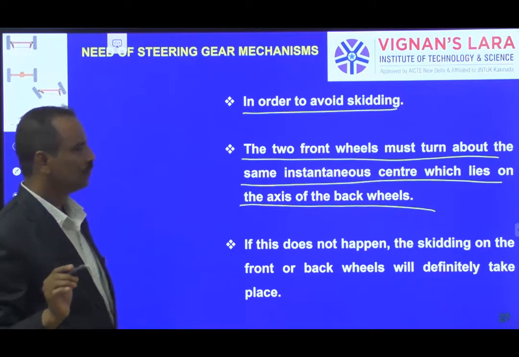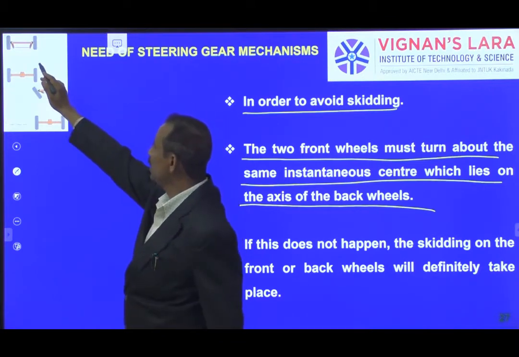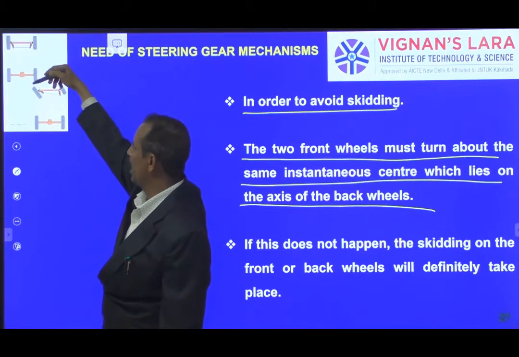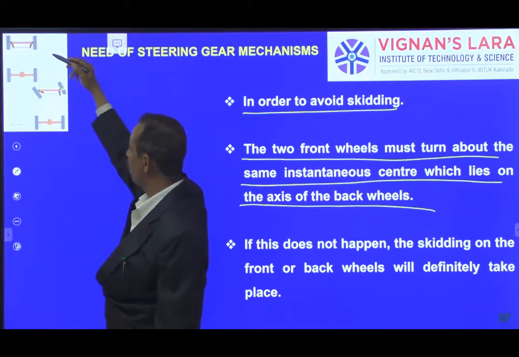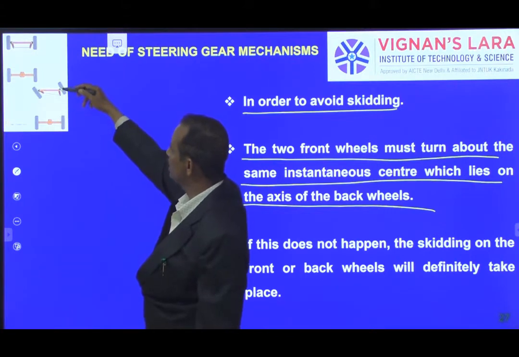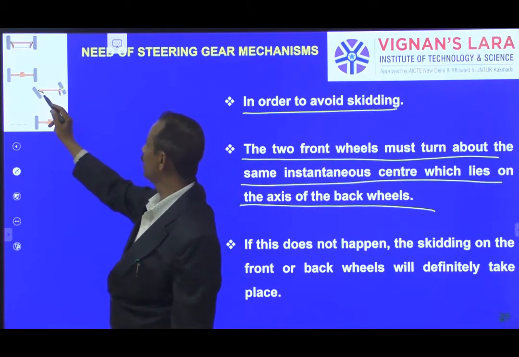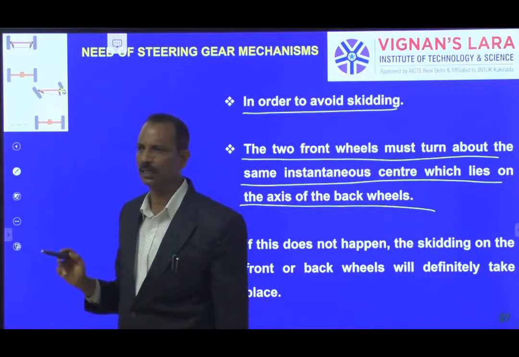Okay, so you can see here, this is a four-wheeler when it is running in a straight path. Okay, this is a four-wheeler which is running on the straight path, whereas this is another diagram which is showing when the vehicle is taking a left turn. You can see here these are two front wheels, these are two rear wheels.